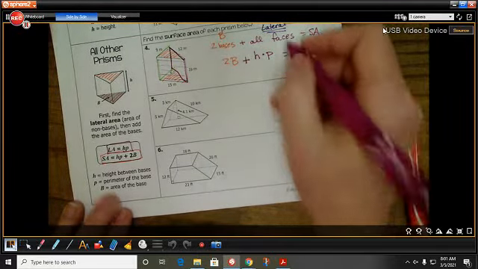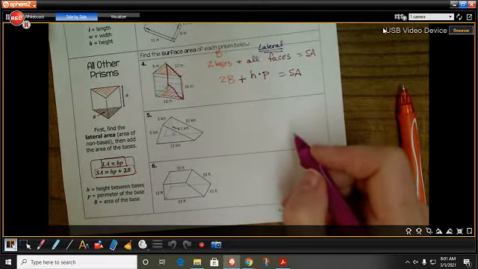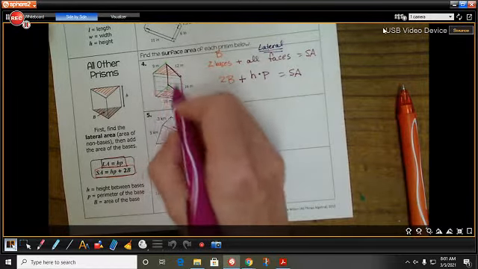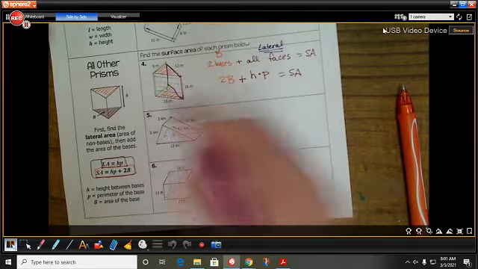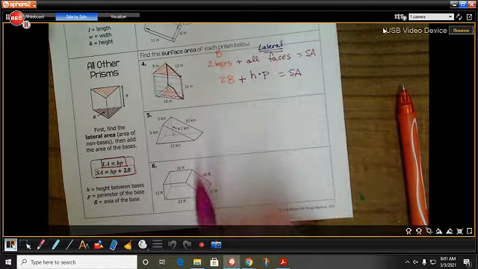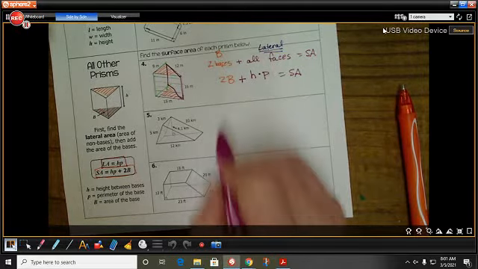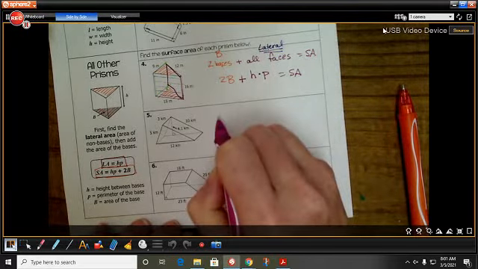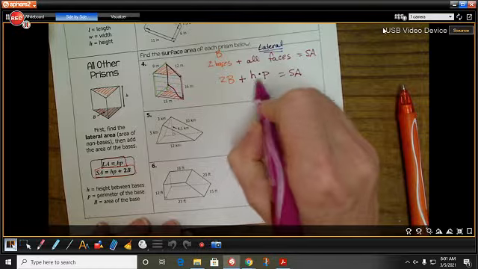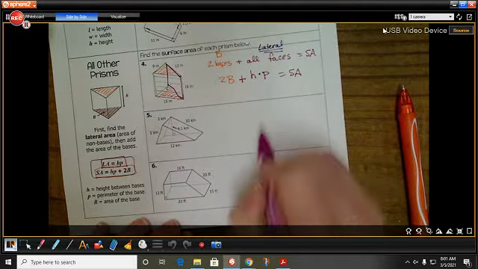So you've got 2 possible ways to find your surface area. You can either add up literally each separate face that you find separately plus your 2 bases, or you can find the area of your 2 bases and do the height times the perimeter of your base and add all that to get your surface area.